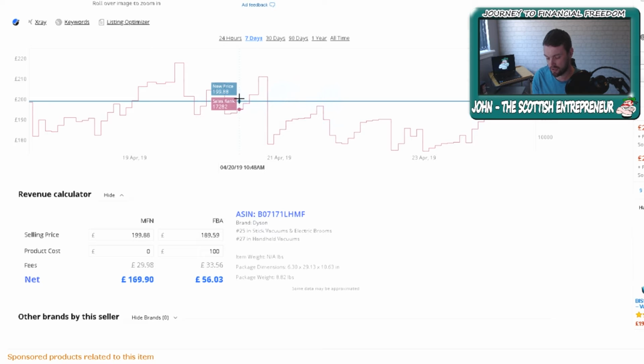So I'm going to type this in quickly, and I'll click on the same listing that shows here, which is the one selling for £199.87 new. I don't know if you can see it, the auto zoom is turned off, but I'll quickly go through what I'm trying to explain.